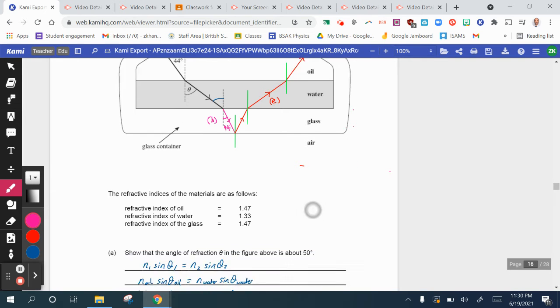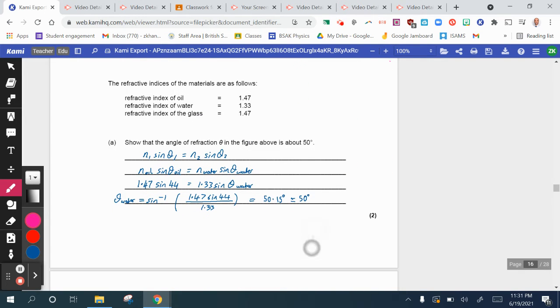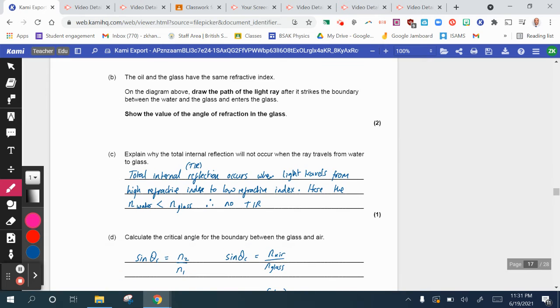Now, it will never totally internally reflect, because one of the conditions for total internal reflection is that the refractive index of where the light is coming from has to be greater than where it's ending up.